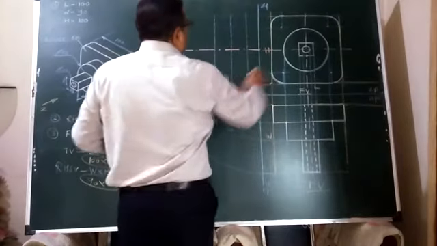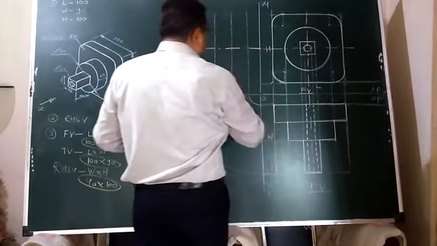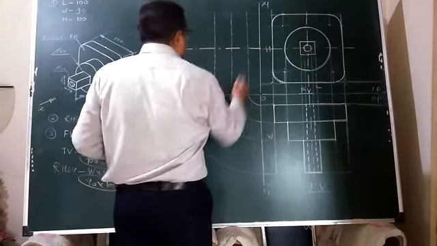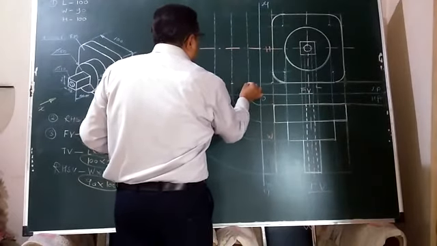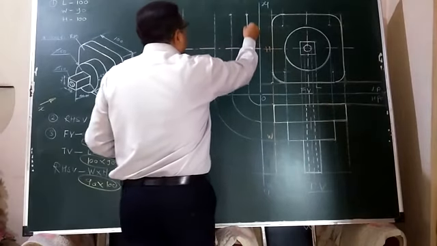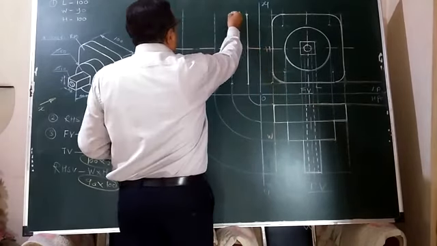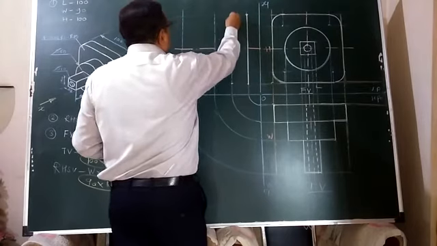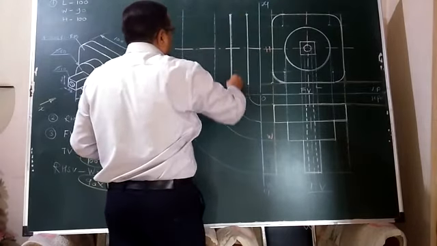Just see, plate projections horizontally, plate projections cross in this way. So this is nothing but that particular plate which is located exactly at the right extreme side of the element.